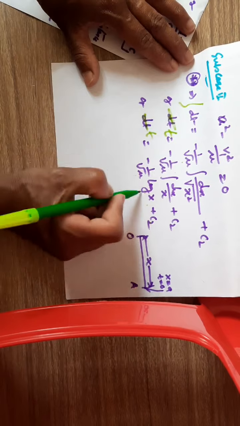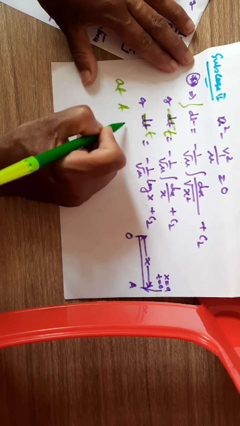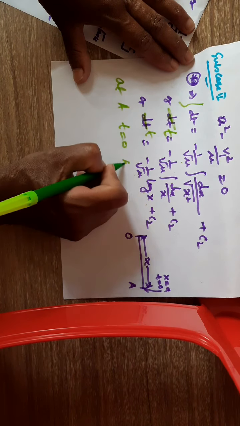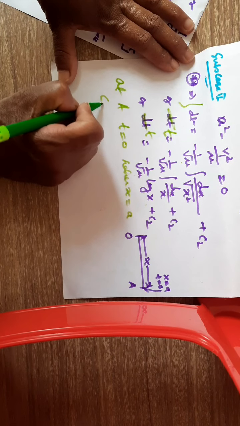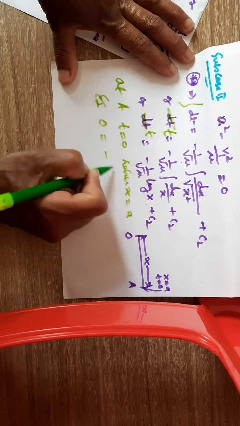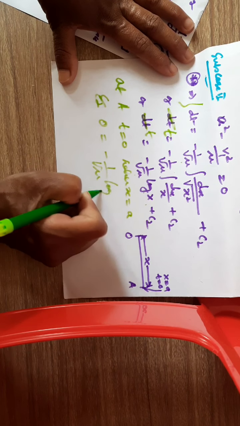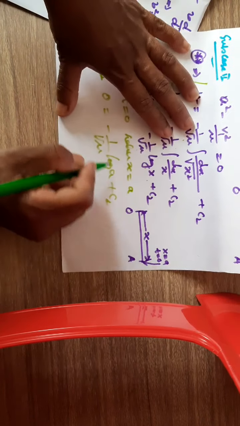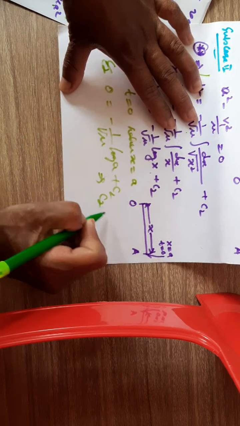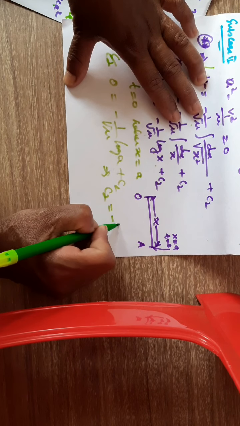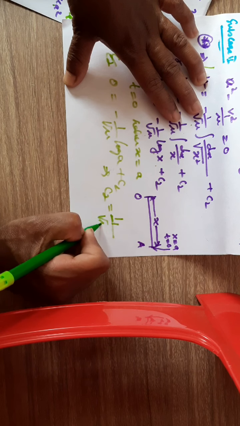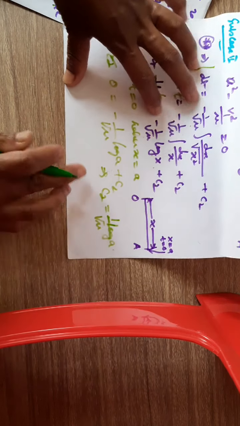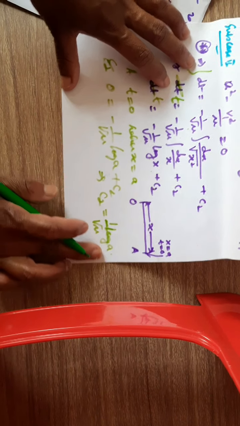Again here you have to use the initial condition, that is t is equal to 0 when x is equal to a. So here you evaluate this c2: 0 is equal to minus 1 by root mu log a plus c2. Simplify this one and you'll get c2 is equal to 1 by root mu log a.